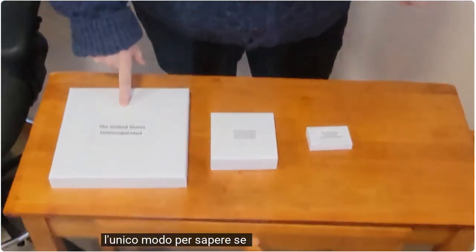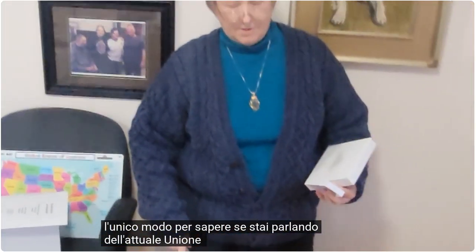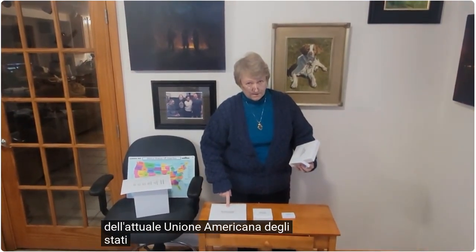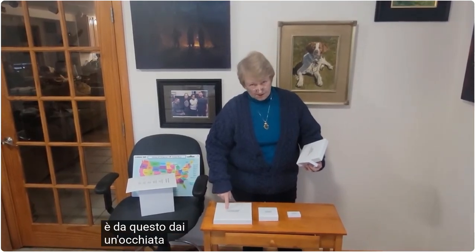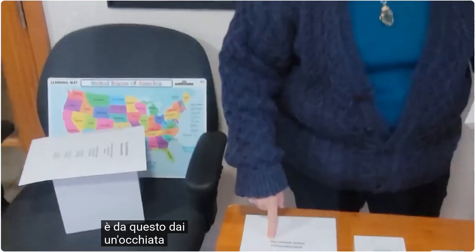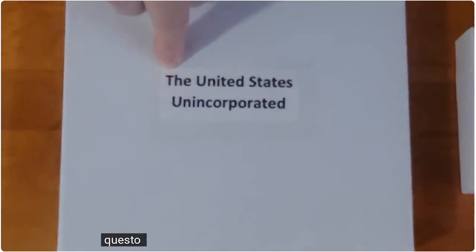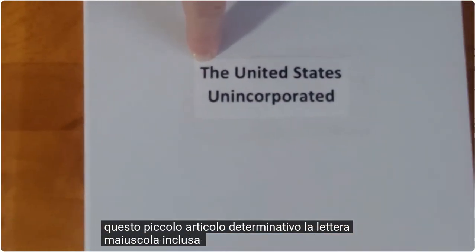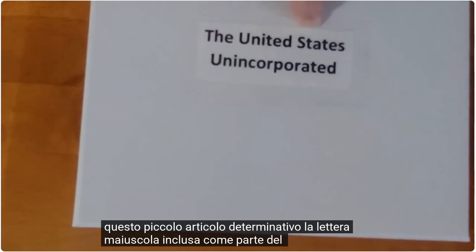The only way to tell if you're talking about the actual American Union of States is by this. Take a look. This one little definite article, "the," capitalized, included as part of the name.